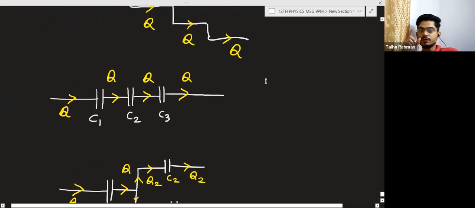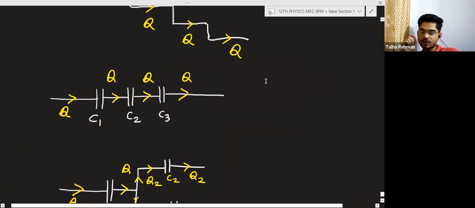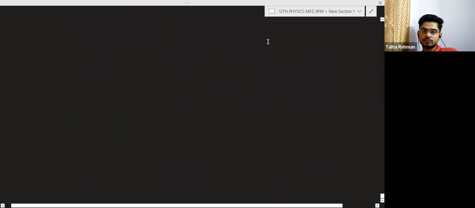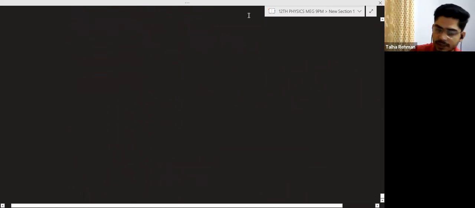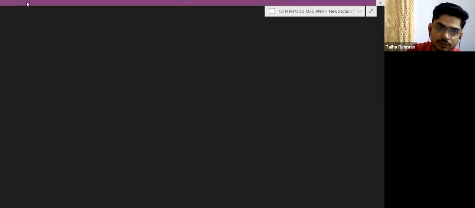And the physical meaning of a branch is that suppose there is a wire and you connect that wire with another wire. Until the wire remains the same, the charge remains the same.